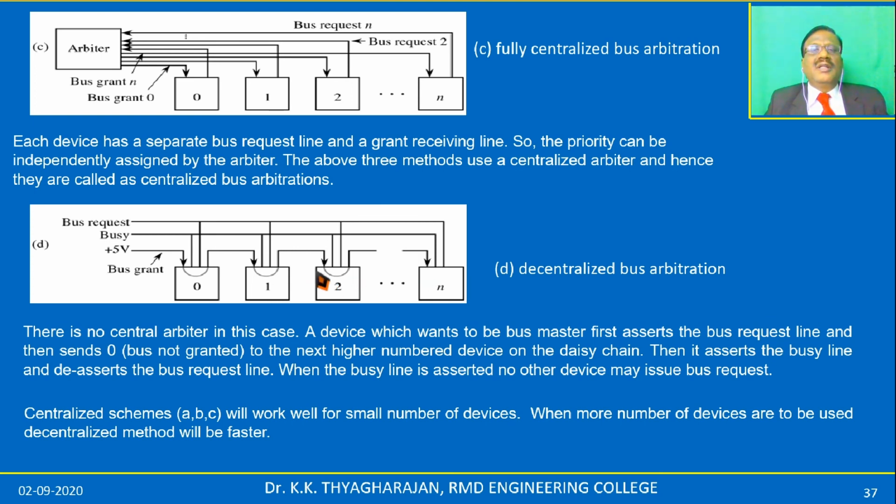That means they may not get the bus grant signal. Then it asserts the busy signal and de-asserts the bus request signal. When it issues the busy signal, no other device can request the bus.